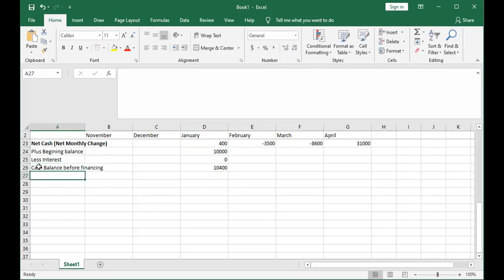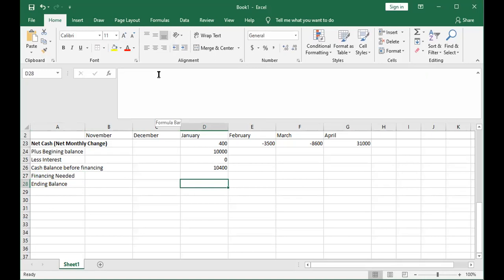Then after that, you need to identify whether there is a financing needed or not. How can you identify if there is any financing needed? In the ending balance, you have to make sure that the balance must be more than 10,000.